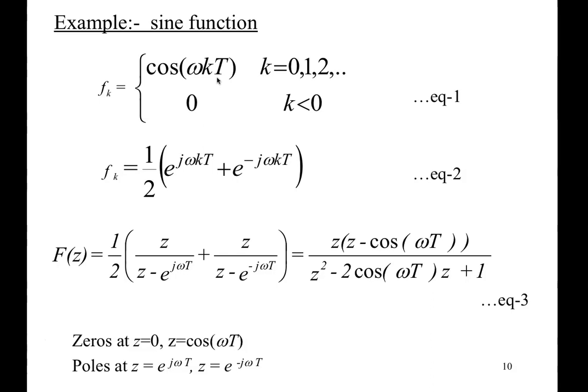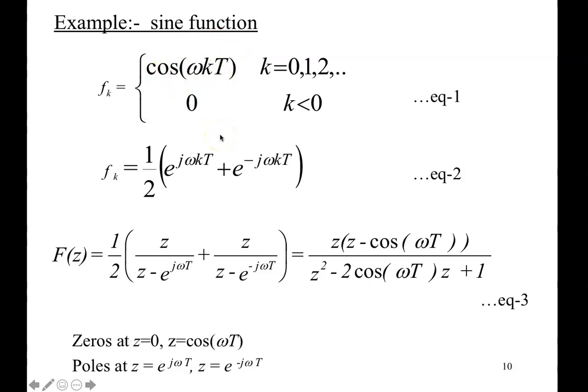Okay, we know that from our math. So I can derive equation 2 from equation 1. Okay, for any positive k, this will stand. This is the same as that cosine.